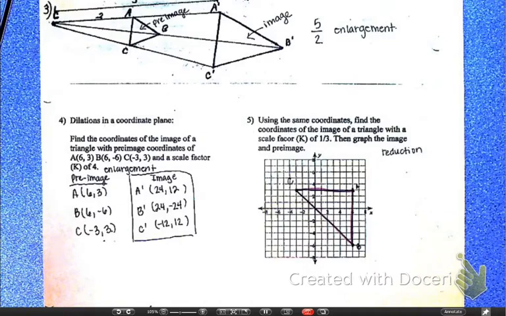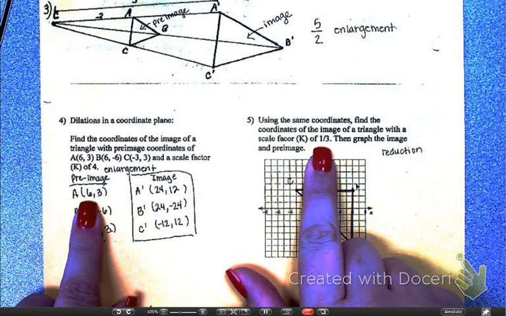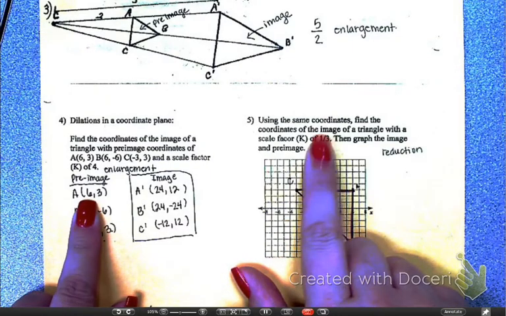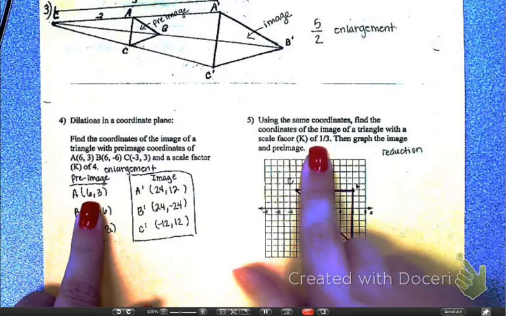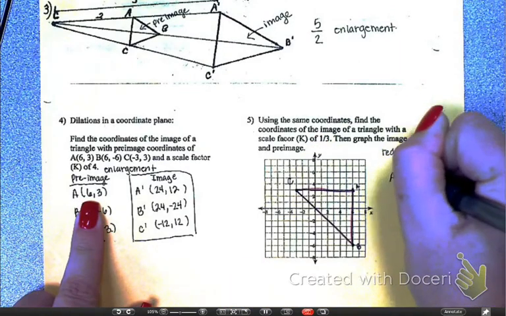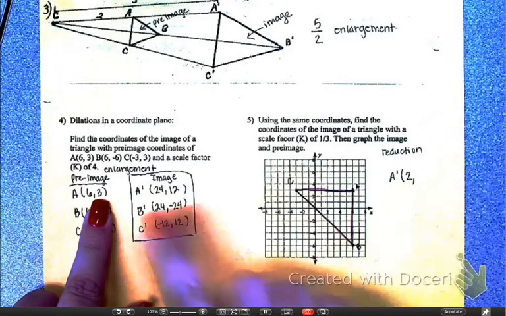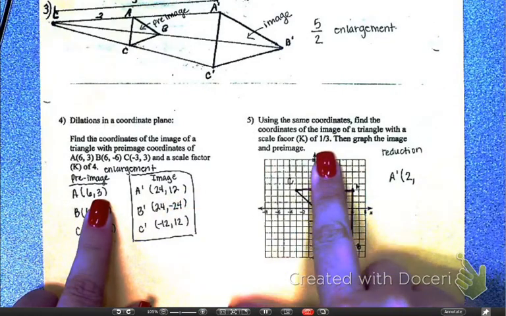It's a little dark. Now, if we're doing a reduction of 1/3, just like here where we multiplied by 4, we're going to multiply by 1/3 or divide by 3. Okay, it's the same thing. So 6 times 1/3 or 6 divided by 3 is 2. So it's 2 and then 3 divided by 3, 1.